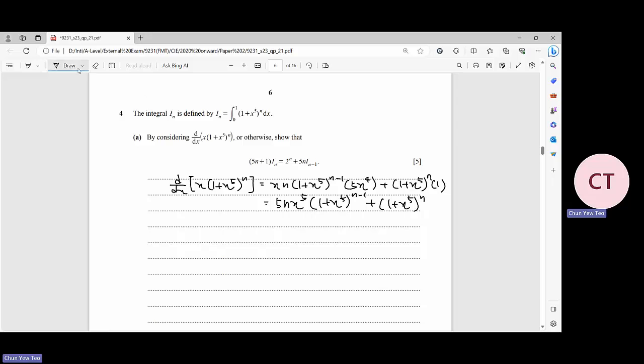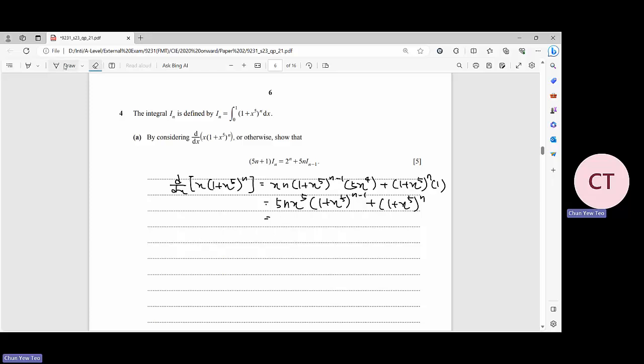Okay, so over here, we can see that this is the common factor, but we don't plan to factorize it out, because if you factorize it out, it will be in a product form. So we don't plan to factorize it out. No need to show.